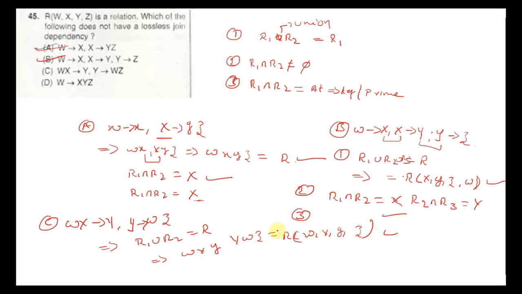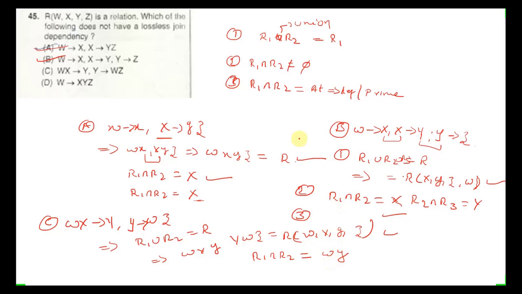Now check the second condition, R1 intersection R2. Is it equivalent to 0? No, because R1 and R2 have two elements in common, Y and W, that is WY, so it is not equivalent to null.